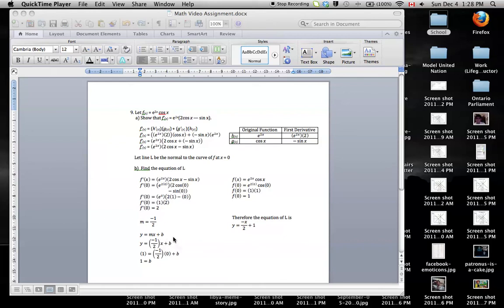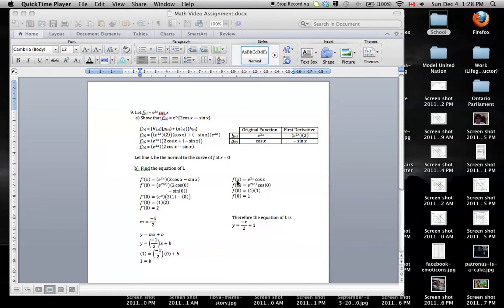Now we have to solve for b. In order to do that, we have to find the y value that coincides with x equals 0. In order to do this, we have to input 0 into our original function.